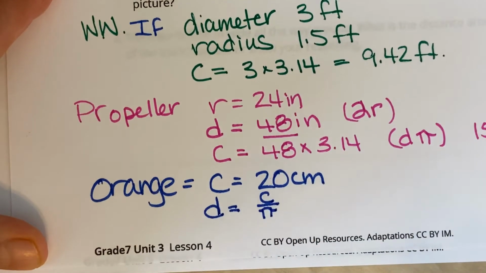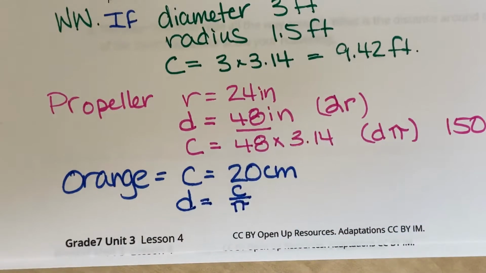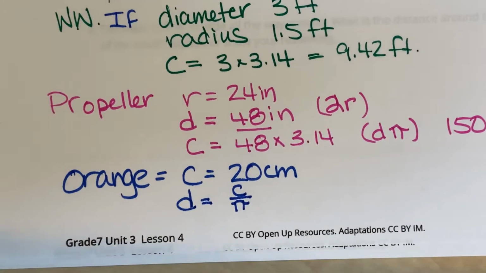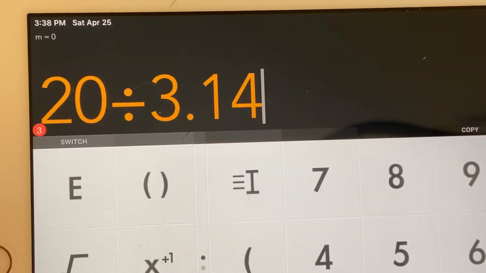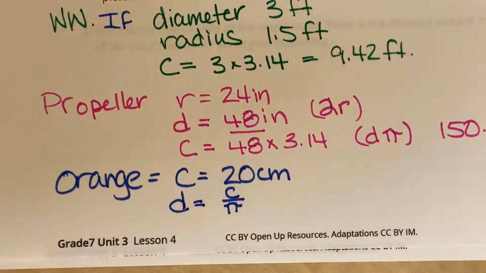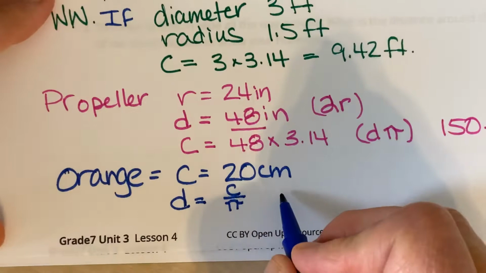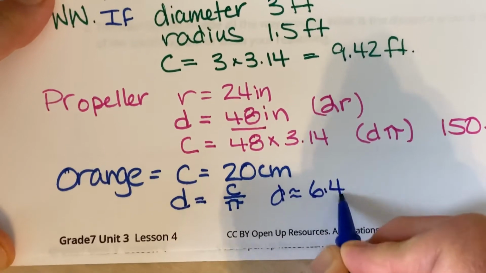Remember when we did that in the last video? So I would take the circumference, which is 20, oops, just dropped my book, and do 20 divided by pi. And I would get about, I'm going to round it to about 6.4, so the diameter is about 6.4 centimeters.